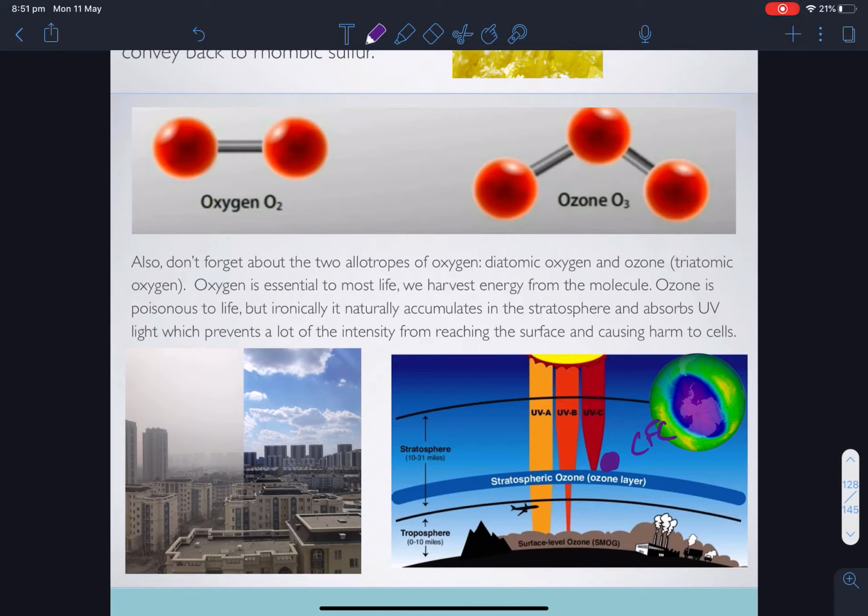So what happened is the global concentration of ozone in this kind of area decreased, and so people called it ozone depletion.